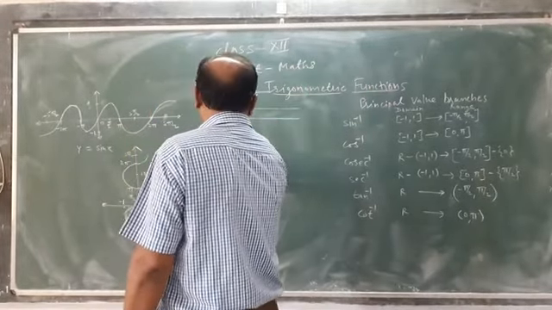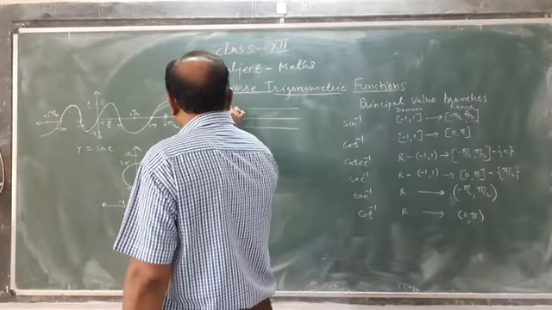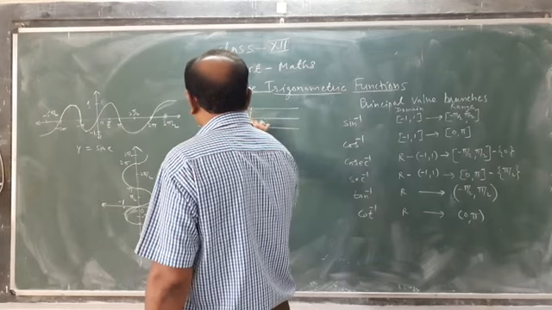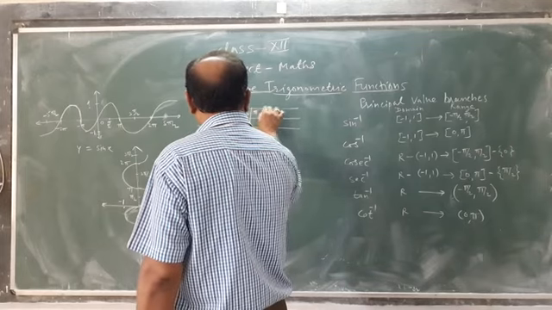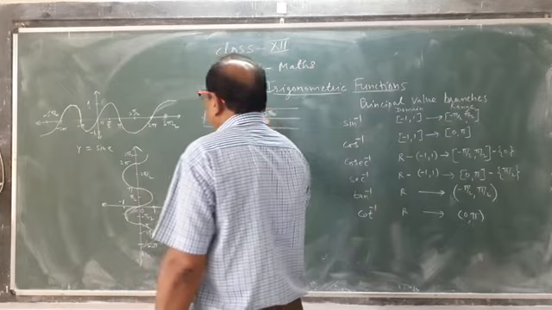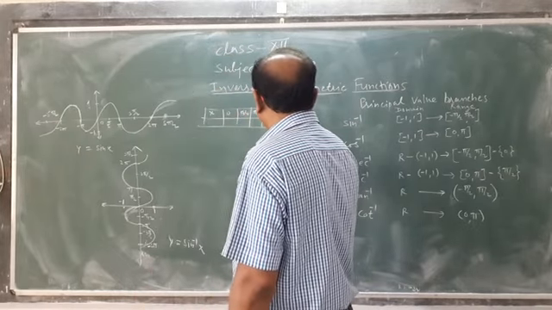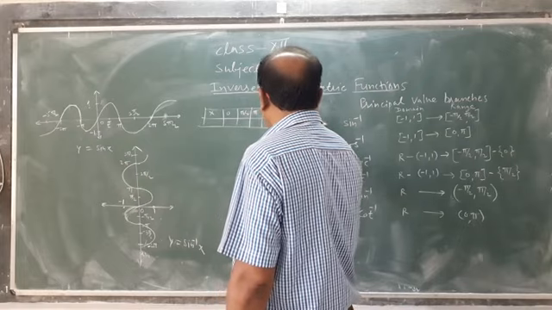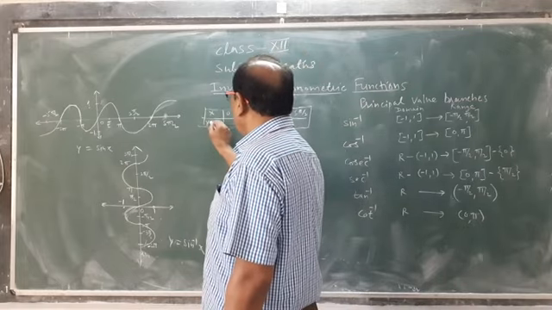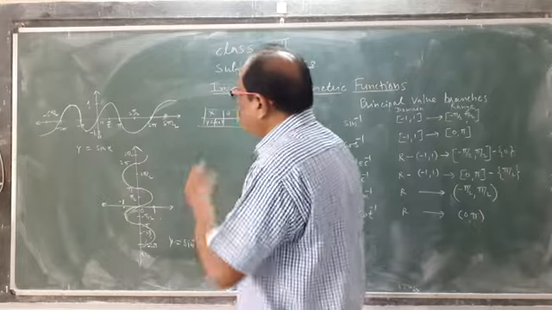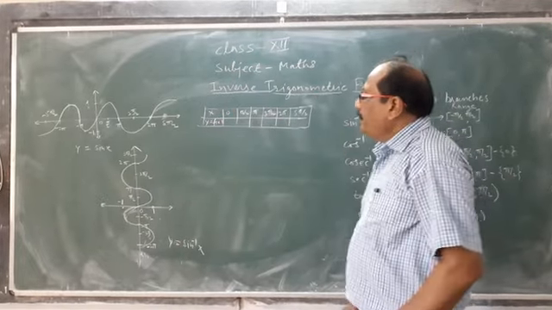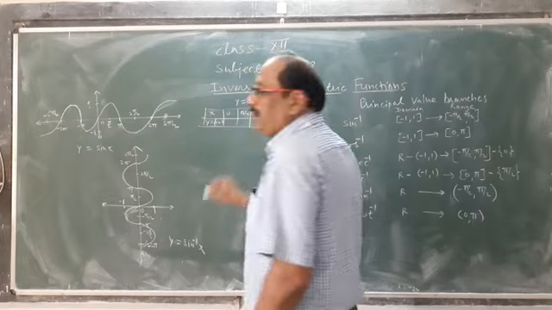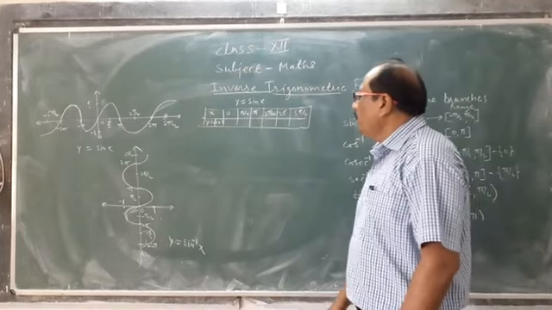Suppose we take x is equal to 0, then pi by 2, then 3 pi by 2, 2 pi, then 5 pi by 2. y is equal to f of x, where the trigonometric function is sin x.